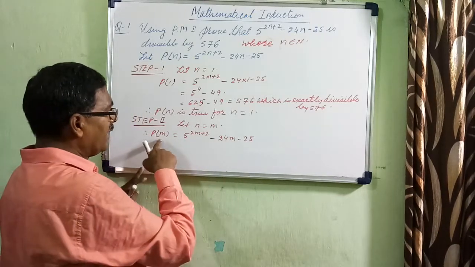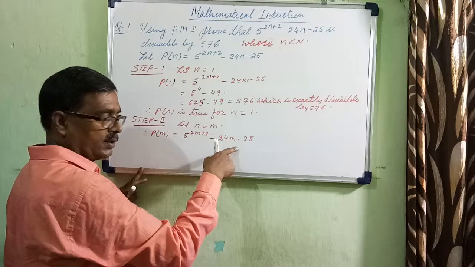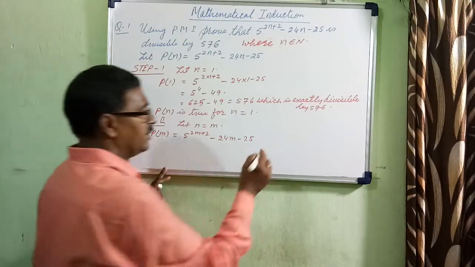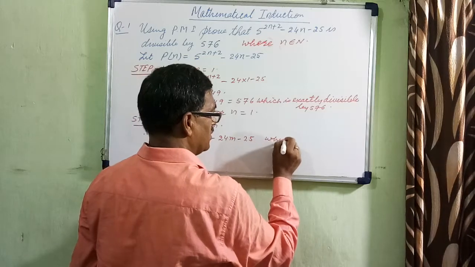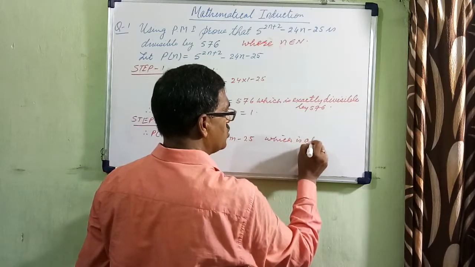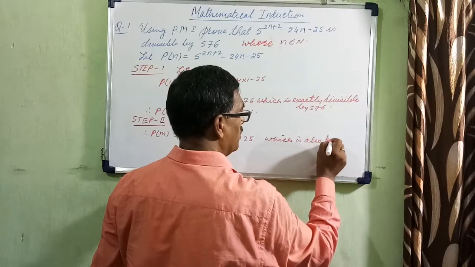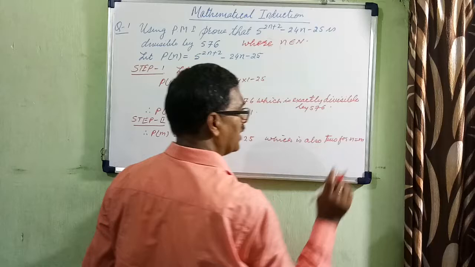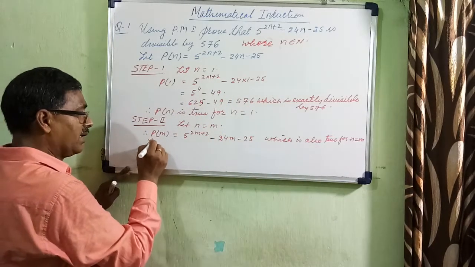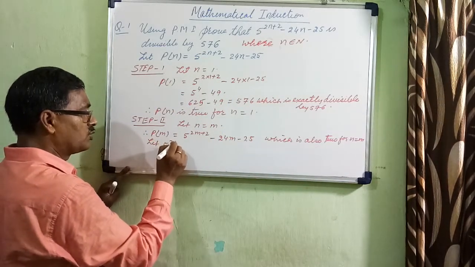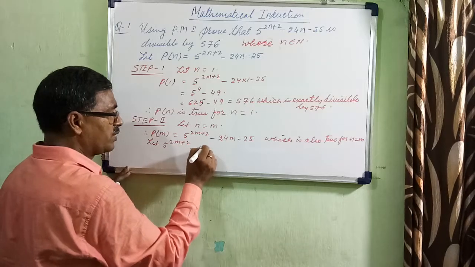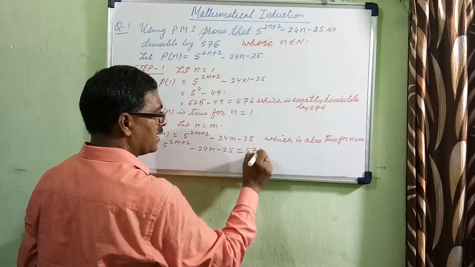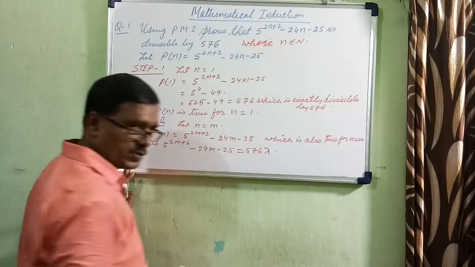Wherever n was there, we will put the value of m, and this is found to be true, which is also true for n is equal to m. We are not going to prove anything else, but we will say let 5 to the power 2m plus 2 minus 24m minus 25 is equal to 576 lambda, suppose.